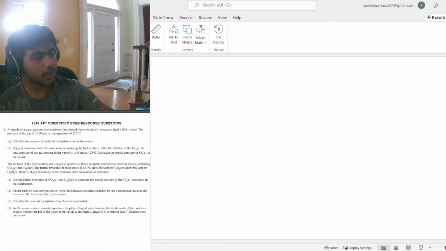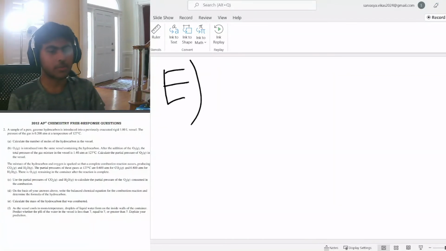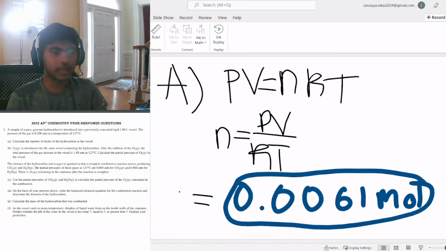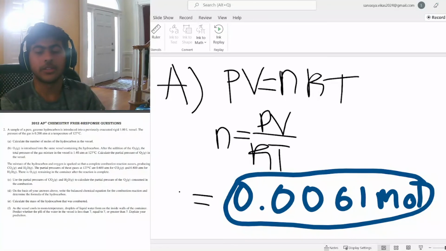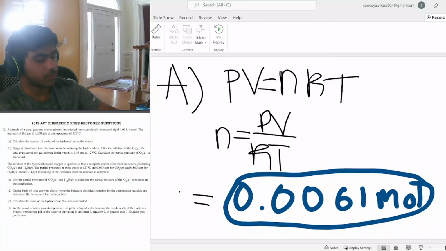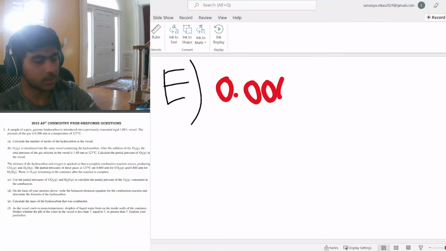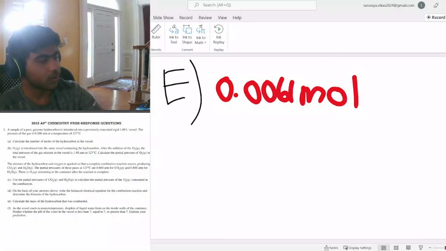Alright, so we're asked to calculate the mass of the hydrocarbon that was combusted. Well, we can go all the way back to part A, where we found the number of moles of hydrocarbon in the vessel, and it was 0.0061 moles. So now we're going to take those 0.0061 moles, and we're going to multiply by the molar mass of C3H8.